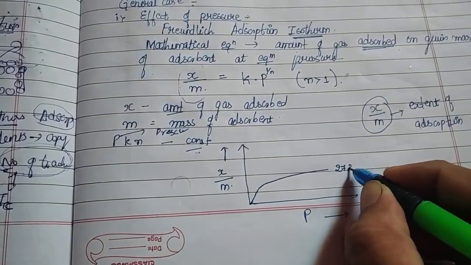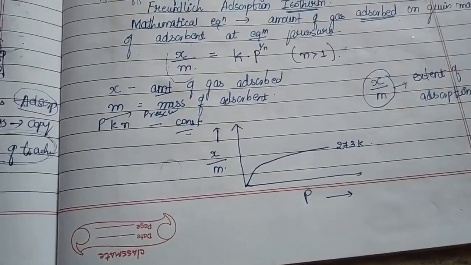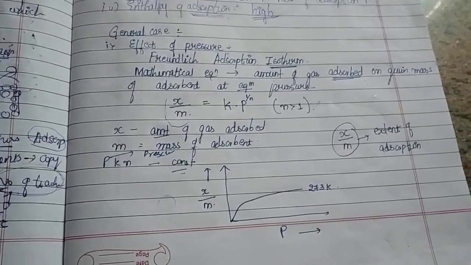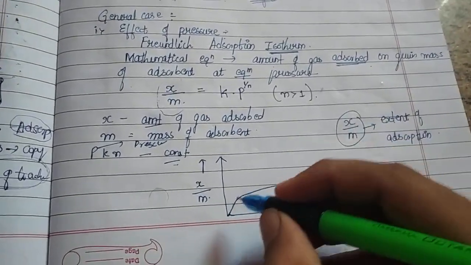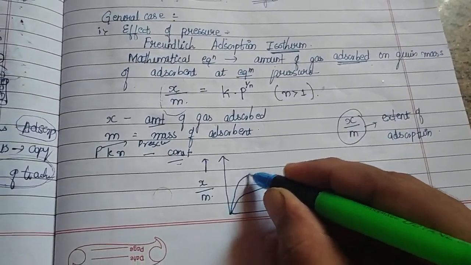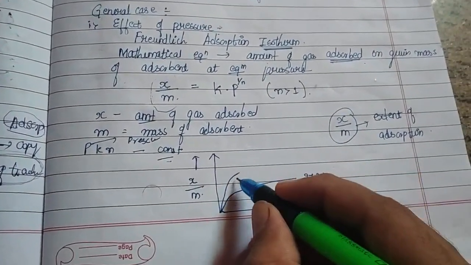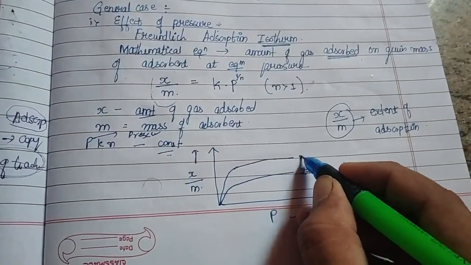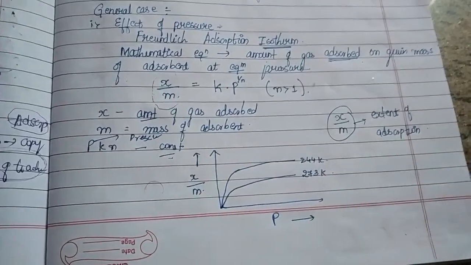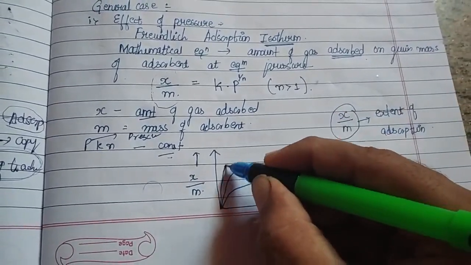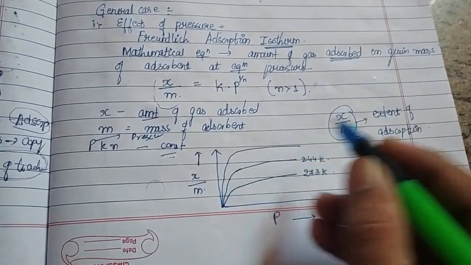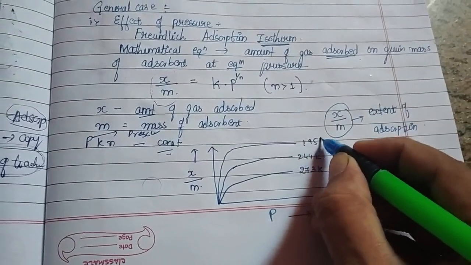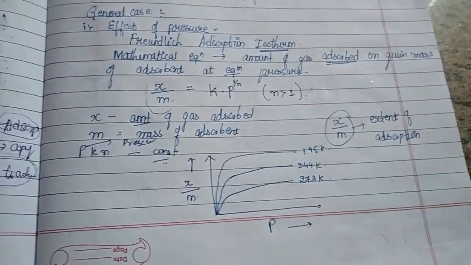The same is repeated for 244 Kelvin, where the extent of adsorption is somewhat higher. Plotting further at nearly 195 Kelvin, the curve looks like this.